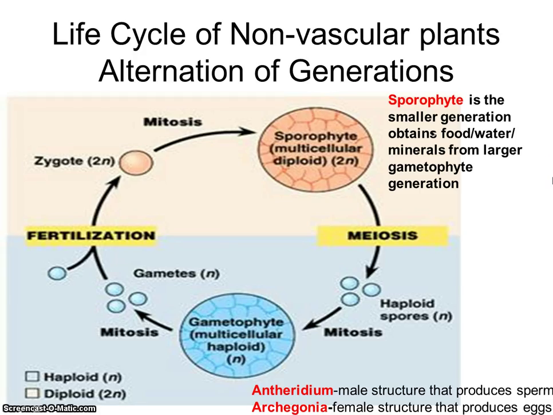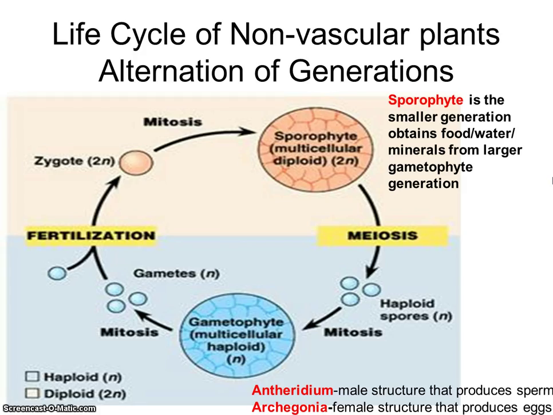Okay, but we know that when a plant that is a spore-producing plant like a fern, it has an alternation of generations, which means once that spore has been fertilized and it forms a zygote, it will go through mitosis, making these sporophytes.